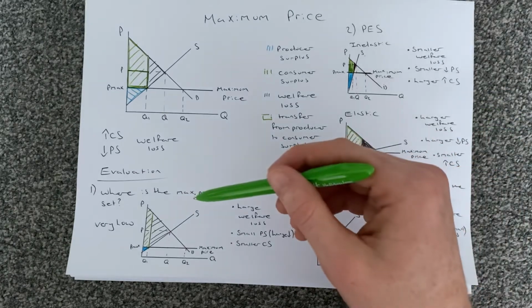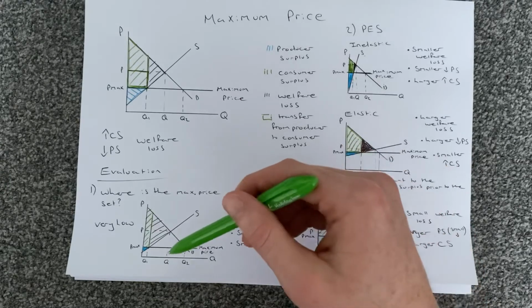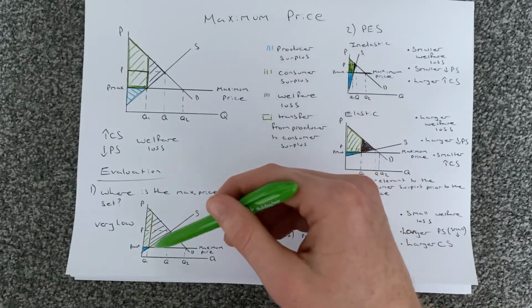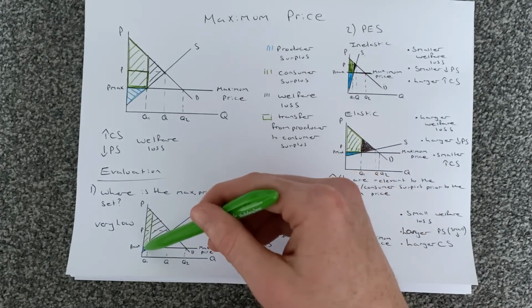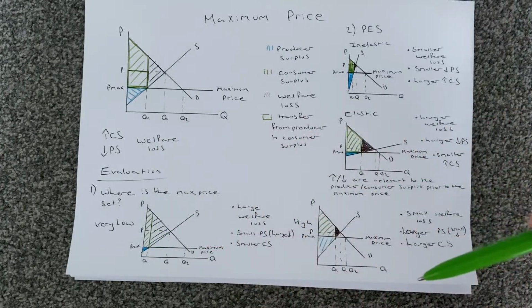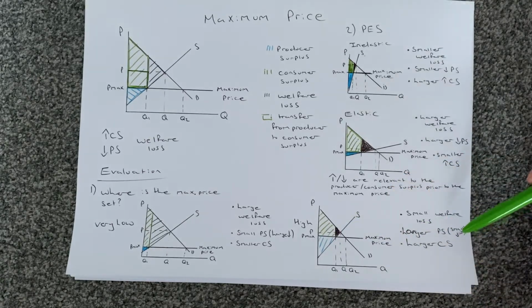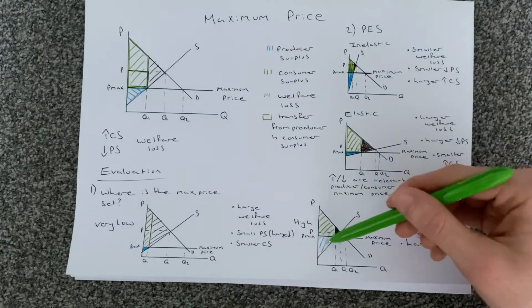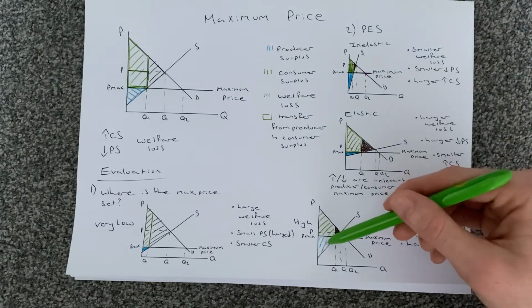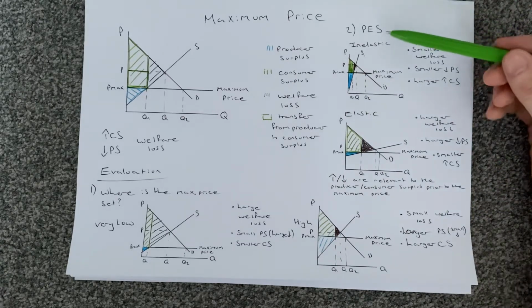If the maximum price is set very low, we're going to see a far bigger decrease in the producer surplus, and therefore end up with a very small producer surplus. Whereas if the maximum price is set particularly high, we're only going to see a small decrease in the producer surplus, and we see that here with quite a large producer surplus still being maintained. And then the final point to consider is the price elasticity of supply.